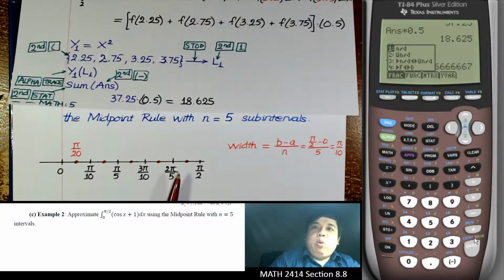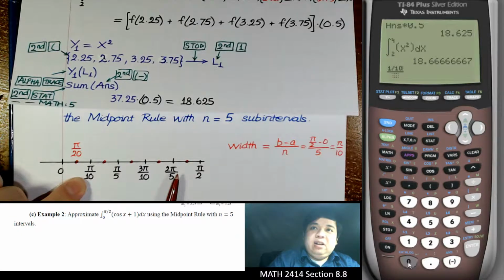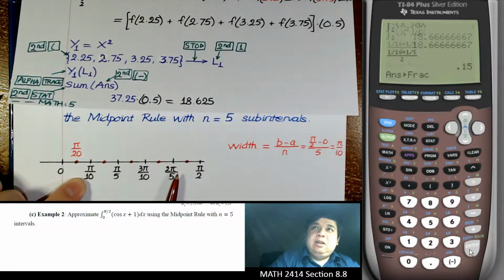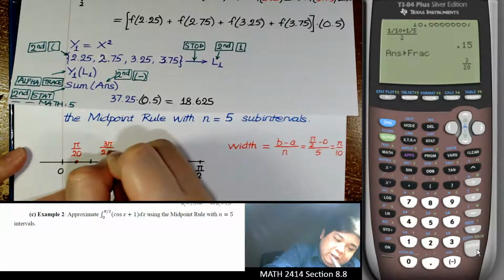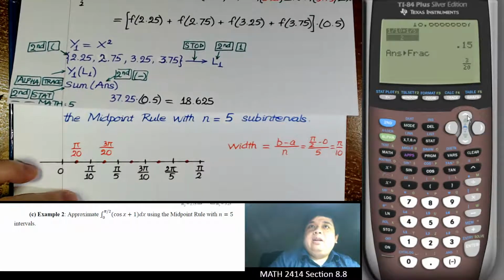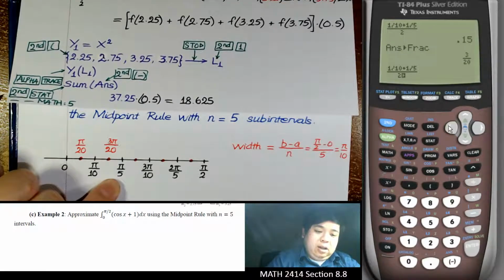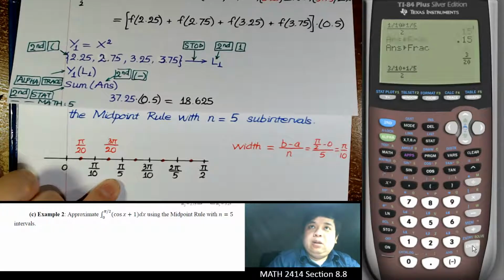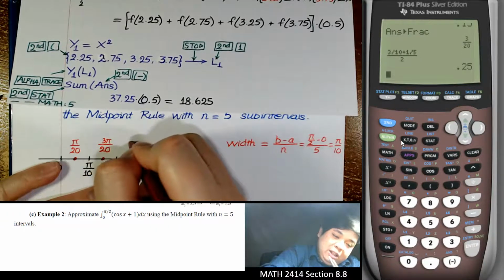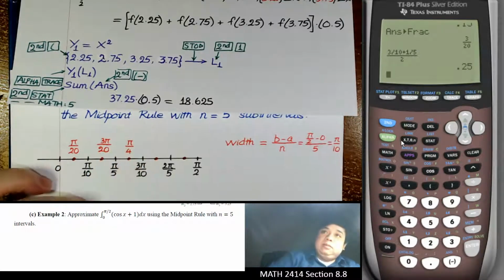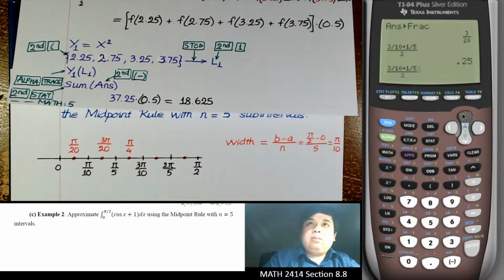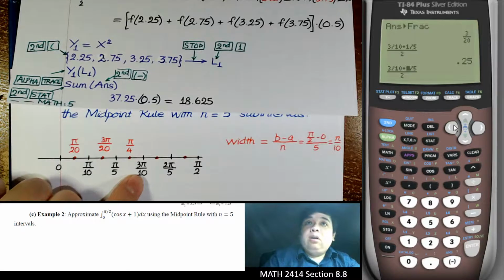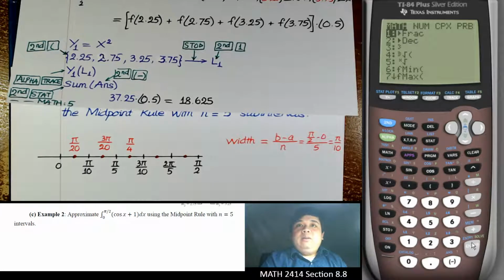The middle of 1/10 and 1/5 is 3 over 20, 3 pi over 20, and then between pi over 5 and 3 over 10, that is 5 pi over 20, pi over 4. And 7 pi over 20.